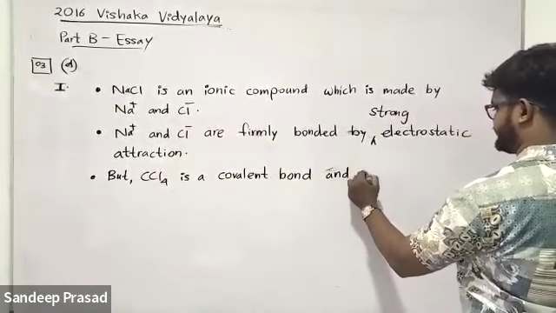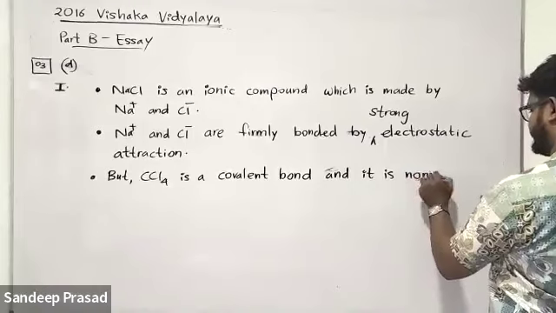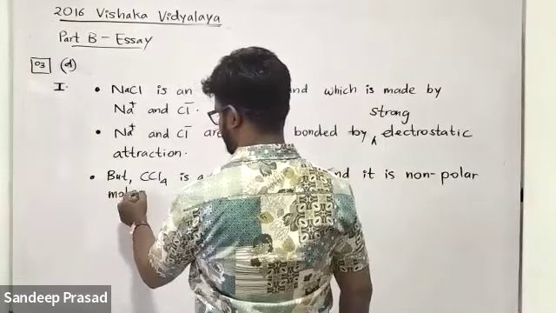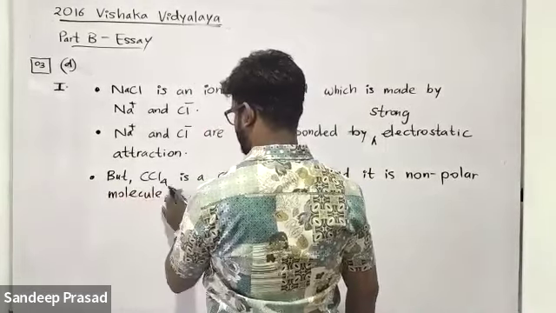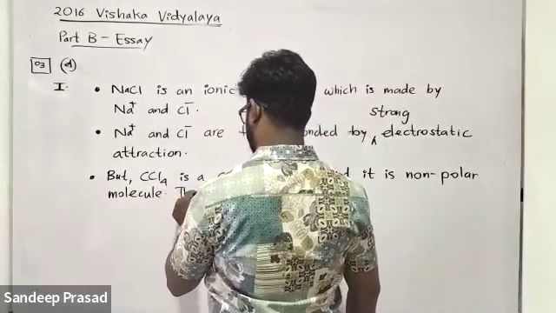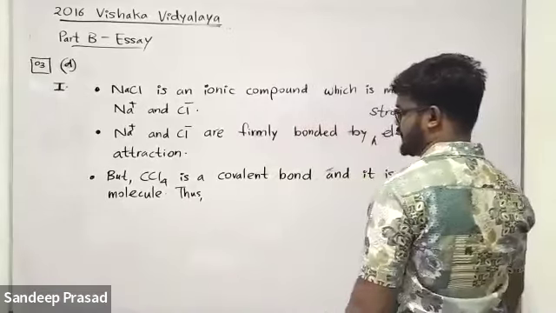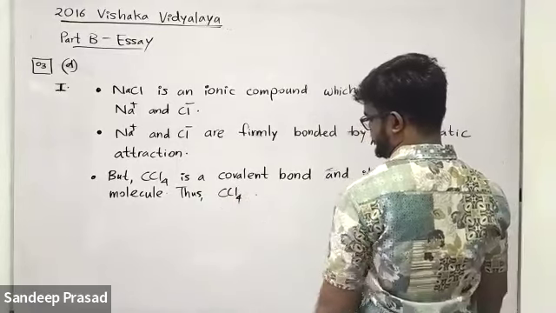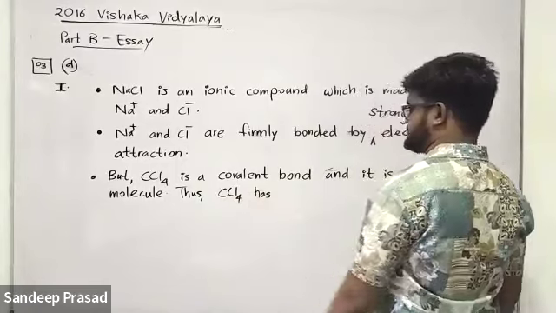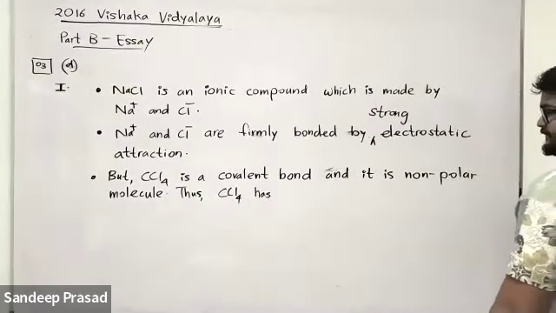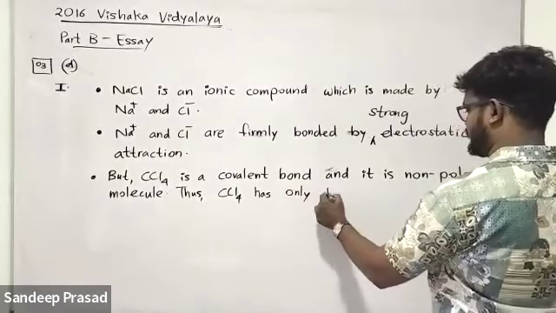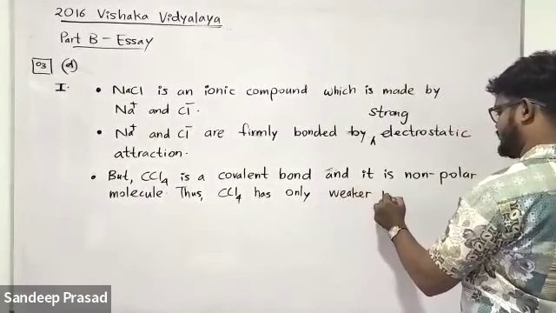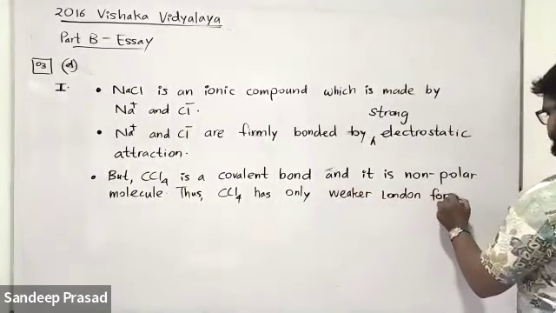and it is a non-polar molecule. Therefore, a molecule of carbon tetrachloride has only London dispersion forces. Let's consider weaker London forces.